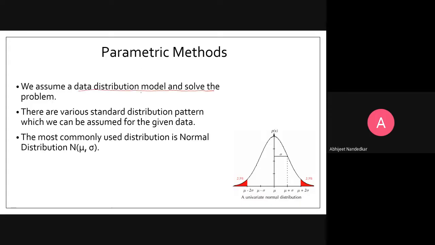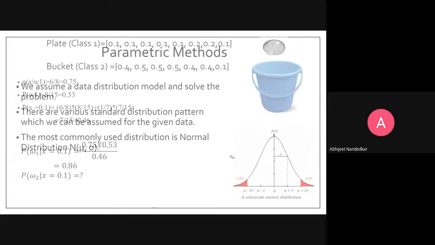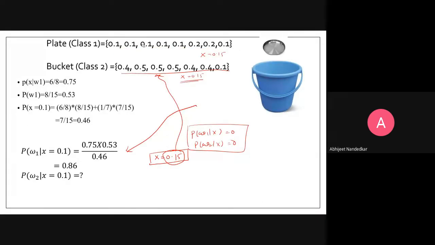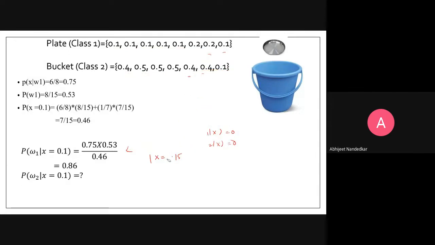What it means is that based on this list for omega 1, and based on this list for omega 2, I try to fit a model of data.